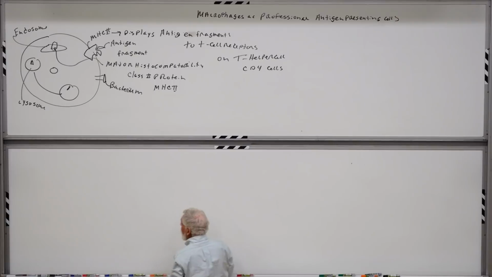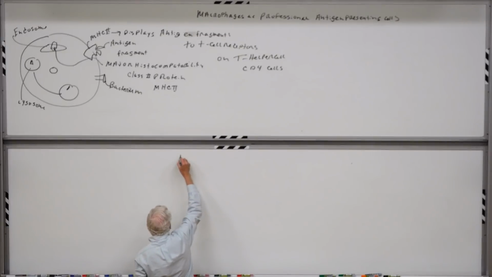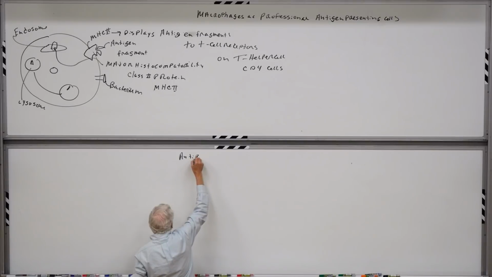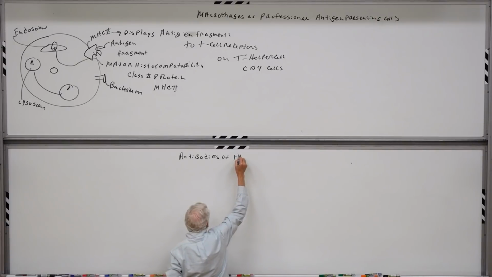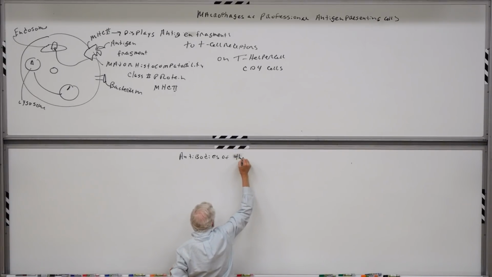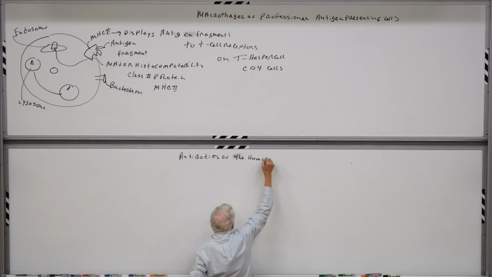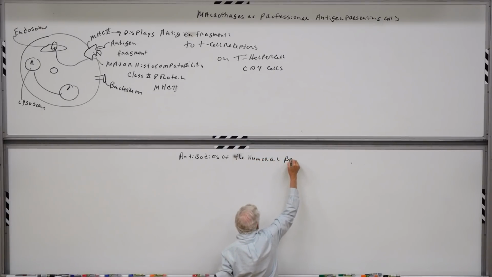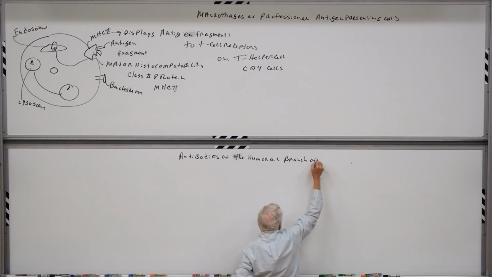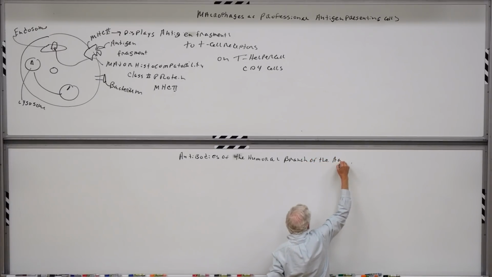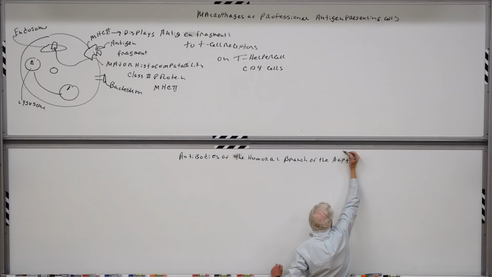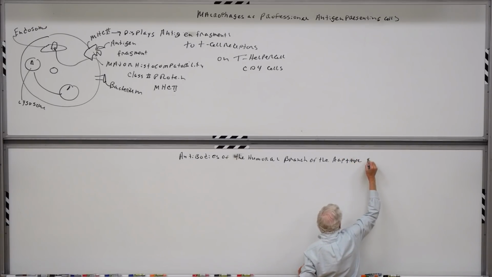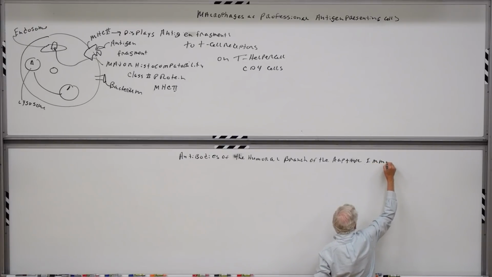Let's take this panel, though, and describe antibodies of the humoral branch of the adaptive immune response.